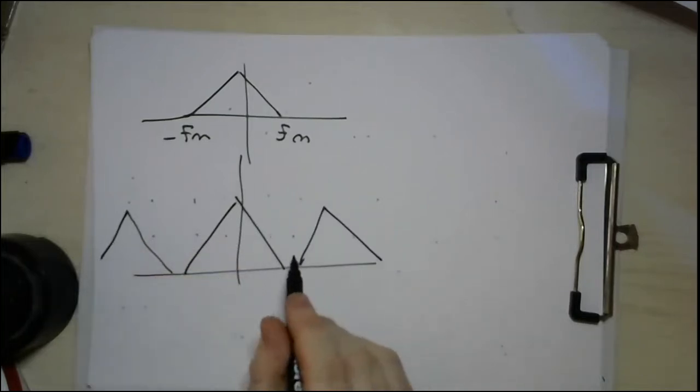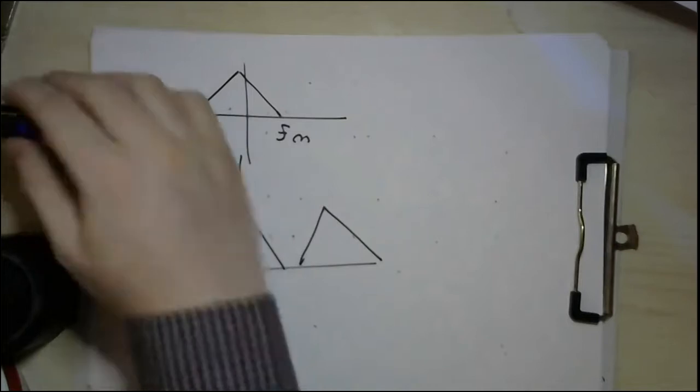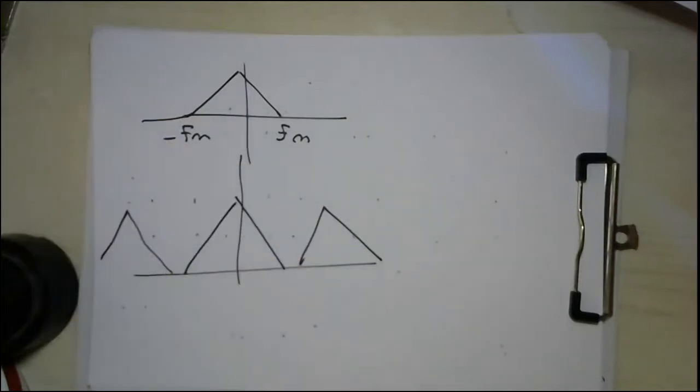Now you guarantee that fs is greater than 2fM, so you avoid aliasing. That's perfect. However, realistically, higher harmonics always exist. So this is the ideal scenario.